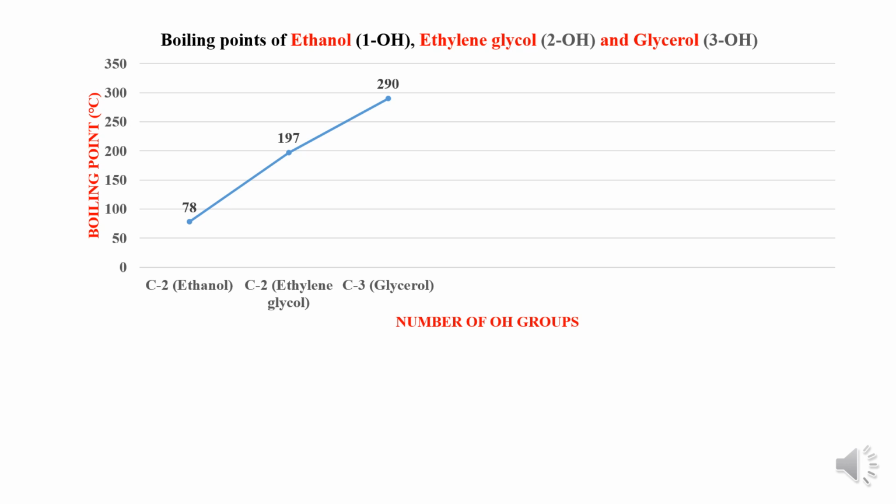Now here we see an interesting graph where we can see the impact of the number of hydroxy groups on the boiling points of ethanol, which is a monohydric alcohol with one OH group, ethylene glycol, which is a dihydric alcohol with two OH groups, and glycerol, which is a trihydric alcohol with three OH groups.